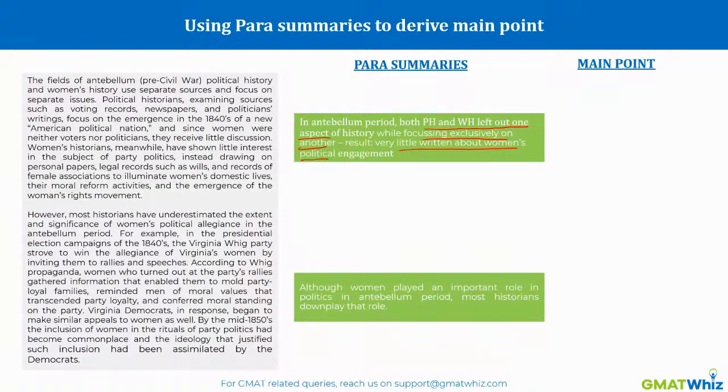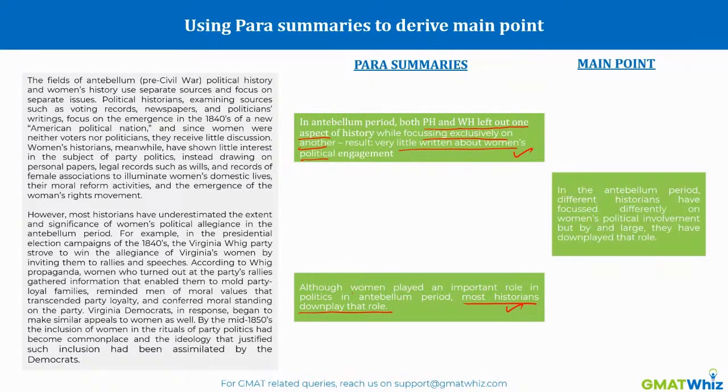And here we are again saying the same thing. Women played an important role, but most historians downplay that role. So, very little written about women's political engagement. Most historians downplay the role of women. So, clearly the focus of the main point is to identify that women were not given their due. Although women were participating, they were not given their due.